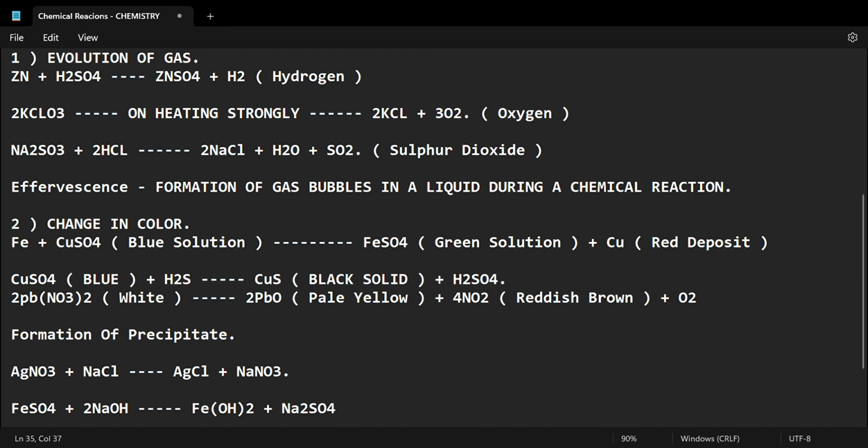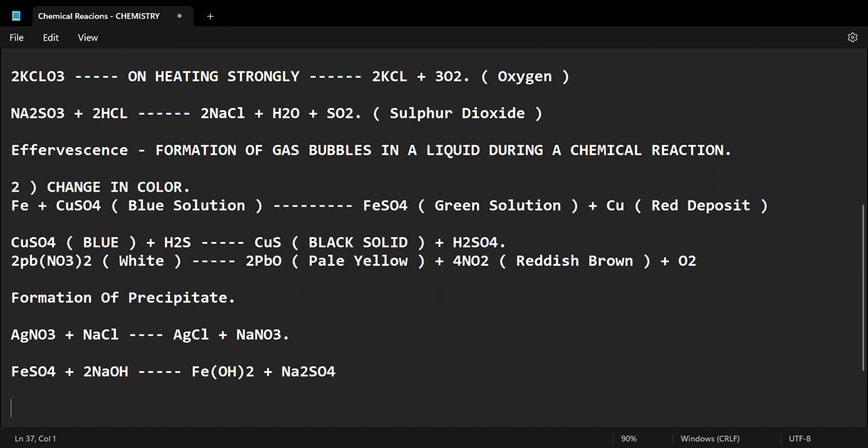Let's write this down now. BaCl2 plus H2SO4 becomes BaSO4 plus 2HCl.